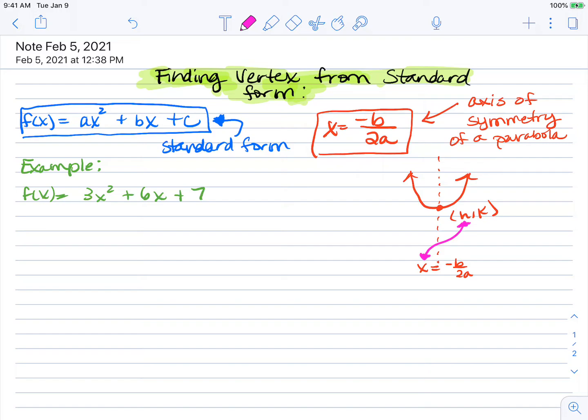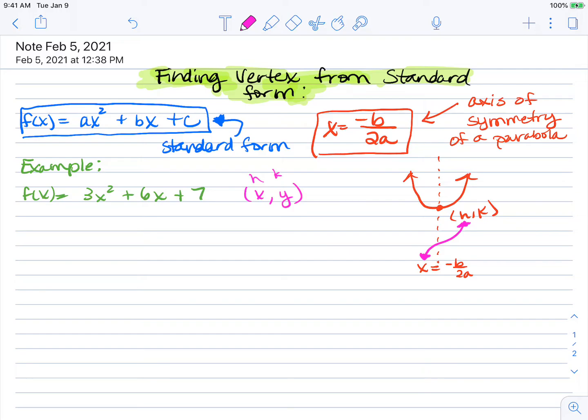So I'm going to build off this axis of symmetry in order to find the vertex of my example. I want to find my x-coordinate of my vertex and then use that information to find my y-coordinate. So I'm going to write down that I'm looking for my x-coordinate and my y-coordinate, we call this hk, right? My x and y of my vertex.